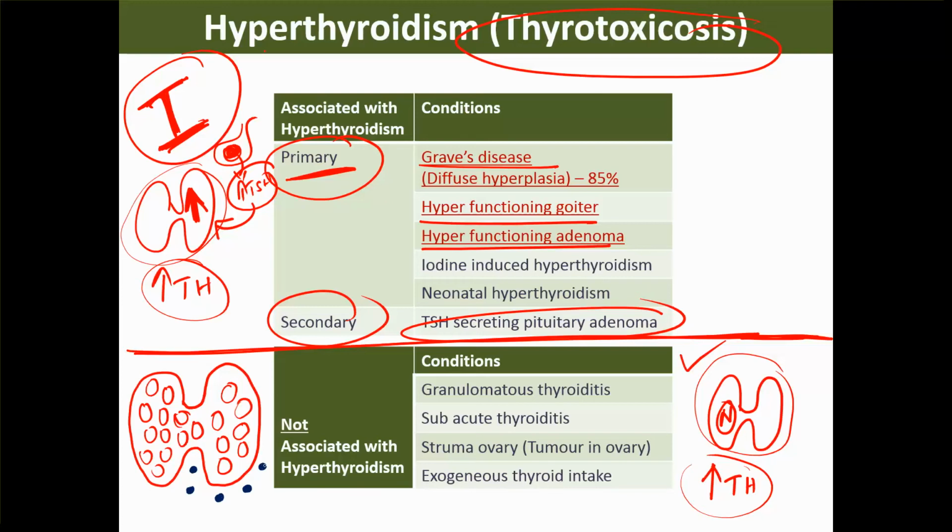sometimes these lymphocytes become autophagic, which means they destroy their own body, because they are produced from that body and they destroy that body itself. So they go and attack these follicles, right?